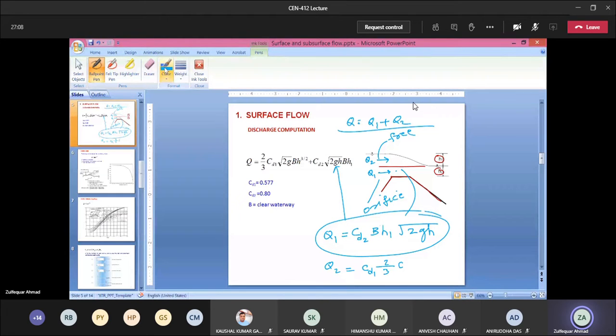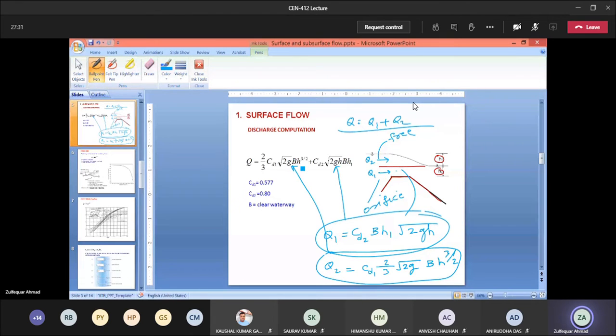So here you have to write root 2g, and of course B, be it the width, and this is the head H to the power 3 by 2. So now this is the Q2 that is written here.